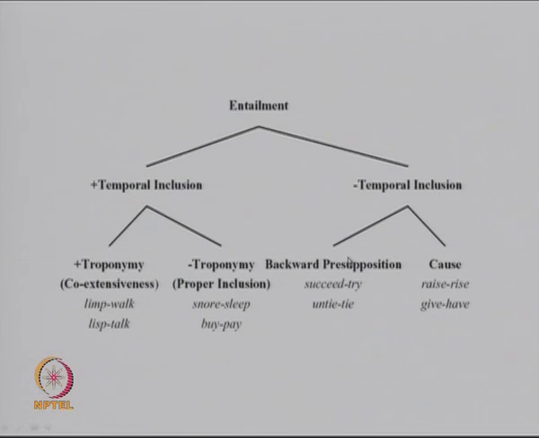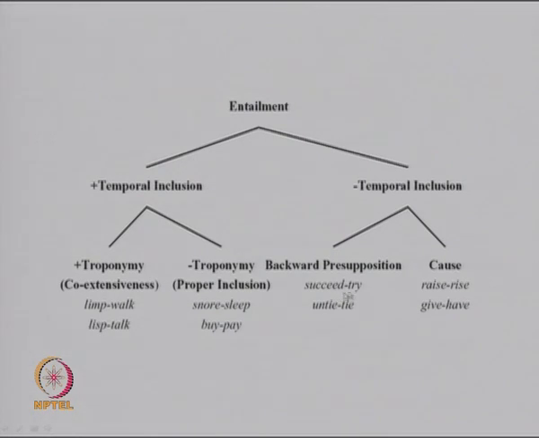When we come to this part of the tree, then we have minus temporal inclusion. So, the two actions are not such that one is temporally included in the other. So, succeed and try, for example, are temporally sequential. So, one succeeds after trying. So, try and succeed have backward presupposition relationship.